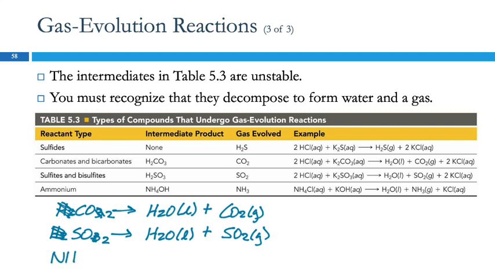Ammonium hydroxide will also decompose and form water and a gas. So I'm going to get rid of two of the hydrogens, that one and one of those, and get rid of the oxygen for the water. And the remaining thing is NH3, ammonia, which is the gas.